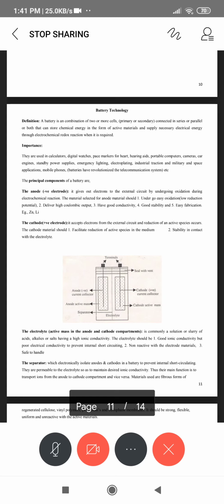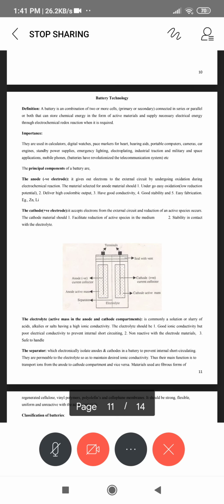This lasts 1 hour, 2 hours or 3 hours, based on the capacity of the battery. For 3 volts we use 3 cells, for 4 volts 4 galvanic cells, for 5 volts 5 galvanic cells, like this.